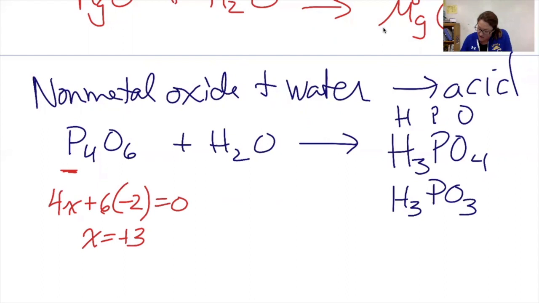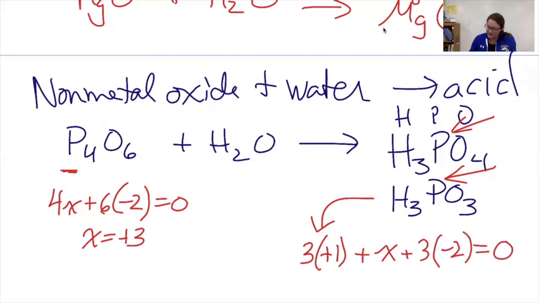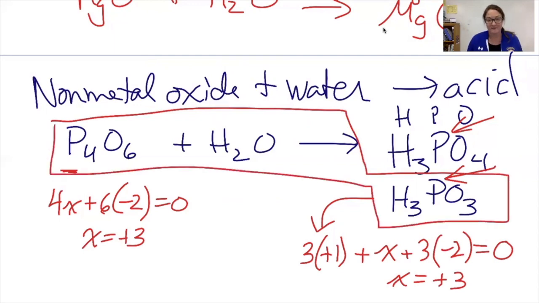So over here, if I figure out phosphorus's oxidation state in each one of these, I can tell you which acid will form. I'm going to look at the bottom one here as an example. 3 hydrogens, 1 unknown phosphorus, 3 oxygens adds to 0. Solving for x, x equals +3. So phosphorus retains its oxidation state. So this is the acid that forms.